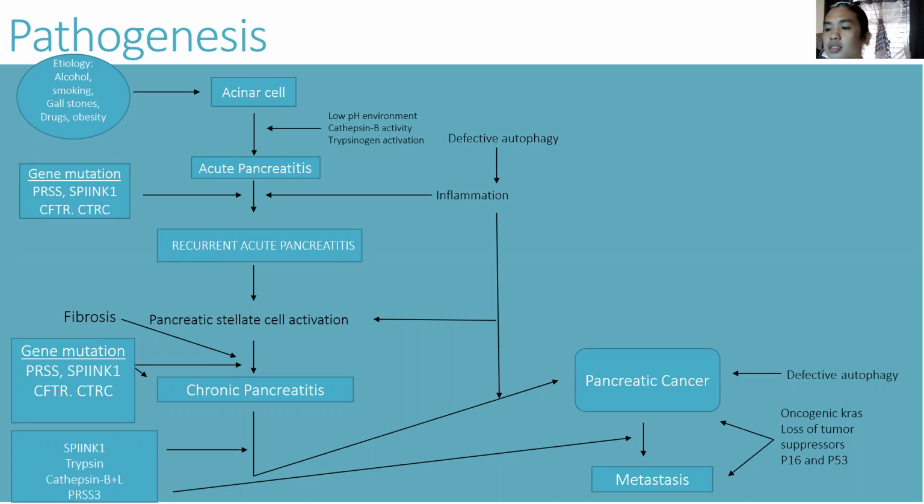As the disease progresses, there will be defective autophagy, increased inflammation, pancreatic stellate cell activation, and fibrosis, of course. Advancement toward pancreatic cancer and metastasis is also associated with defective autophagy, as well as extracellular matrix deregulation, overexpression of oncogenic KRAS, and loss of tumor suppressors.